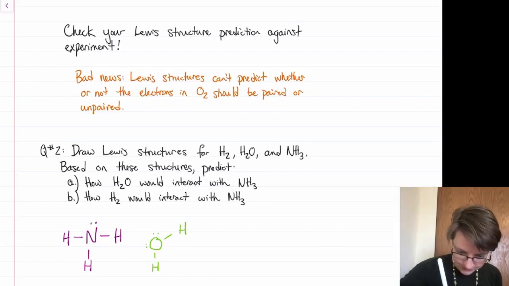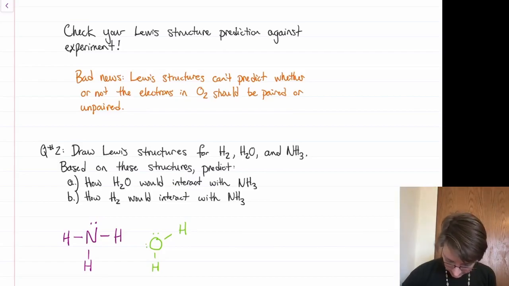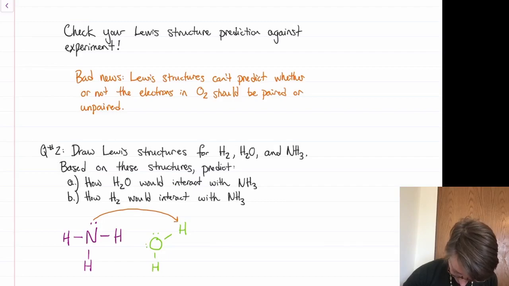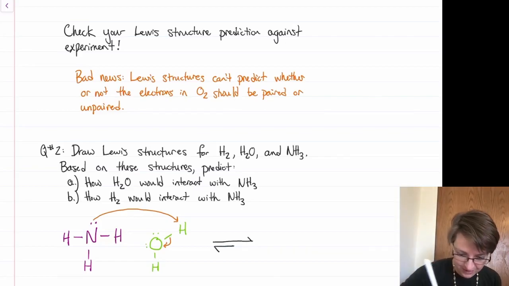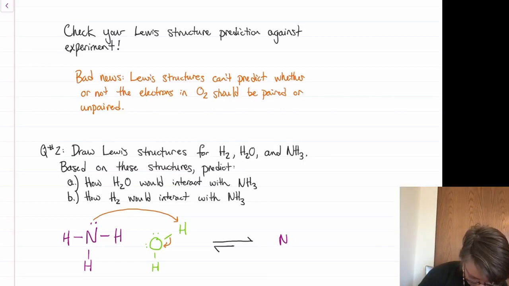From your organic chemistry class, you probably remember that this lone pair can donate to the hydrogen, giving this oxygen even some more electrons than it already has, and ultimately what we could form from this reaction, although it's a weak base, not a strong base, we could form an ammonium cation and hydroxide.